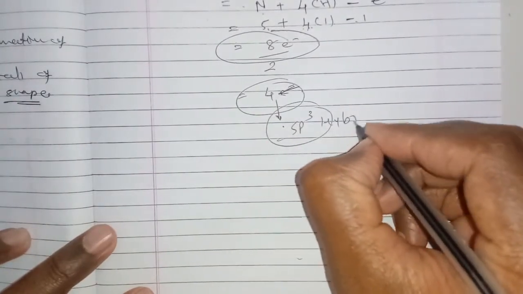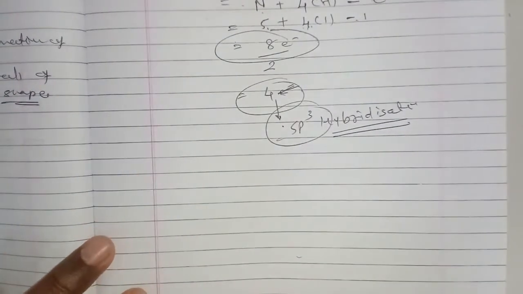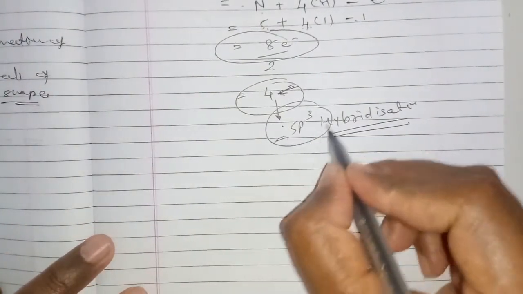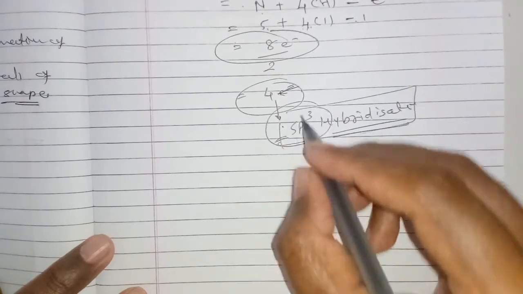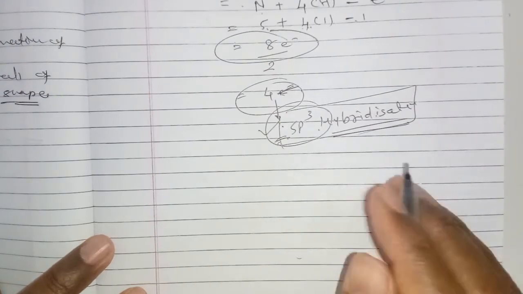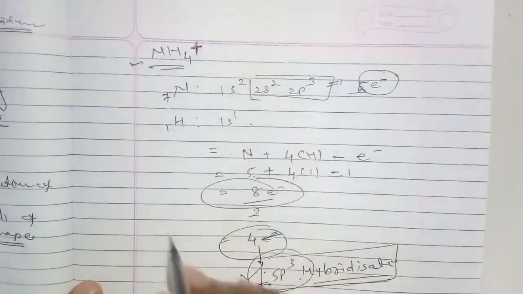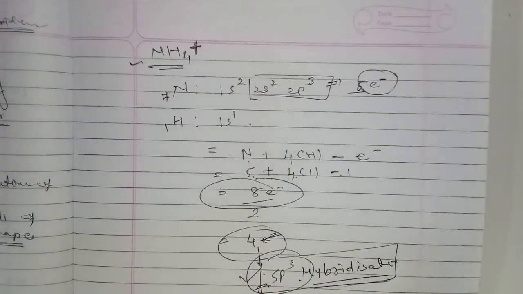So you can easily say which type of hybridization takes place in a particular ion or atom.